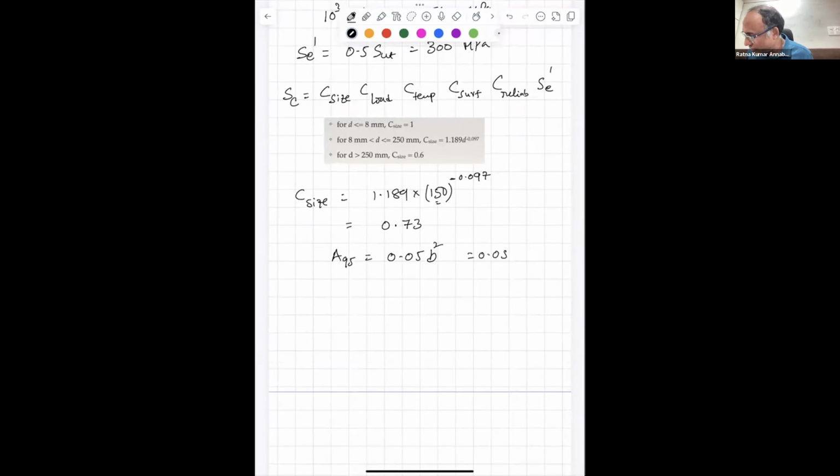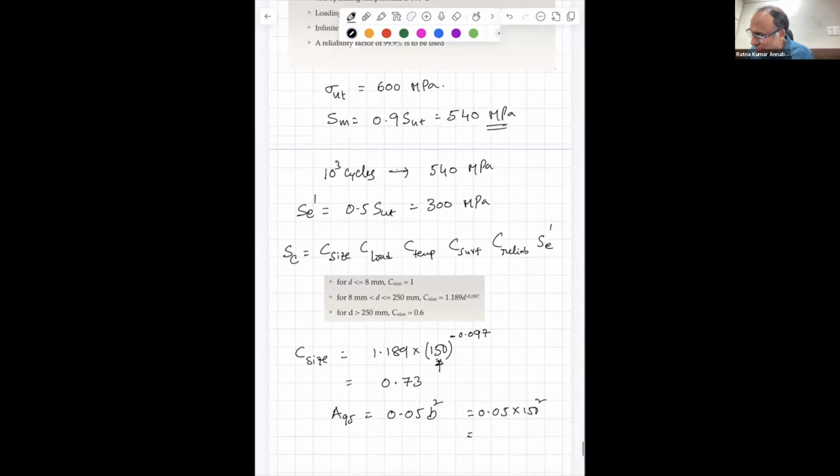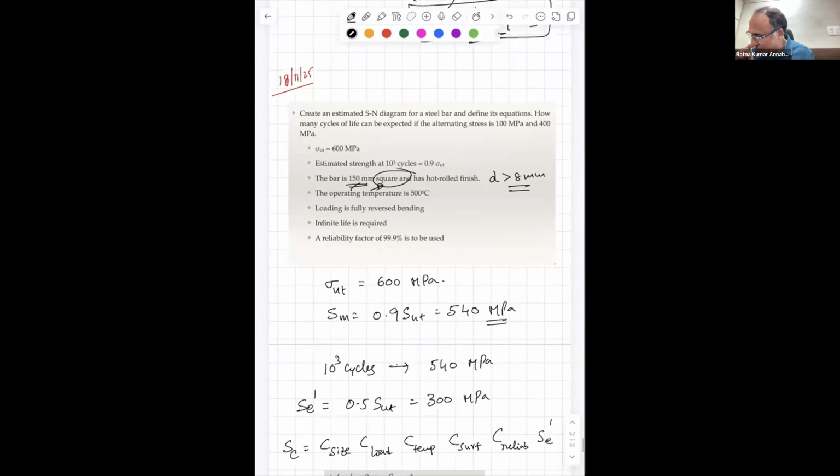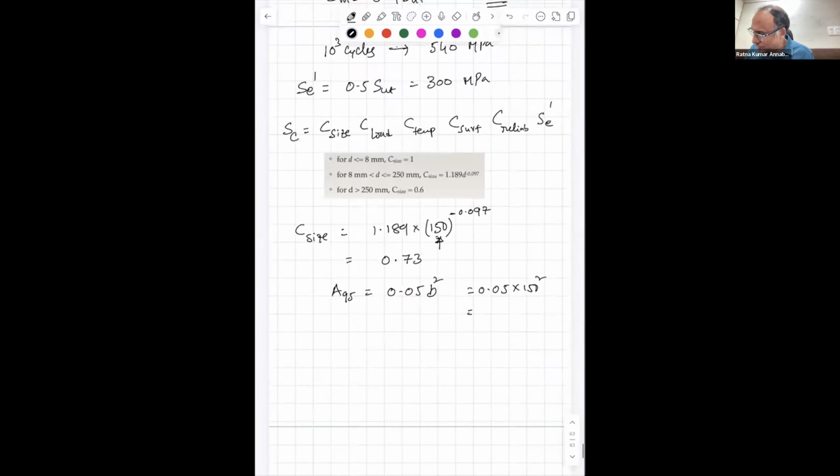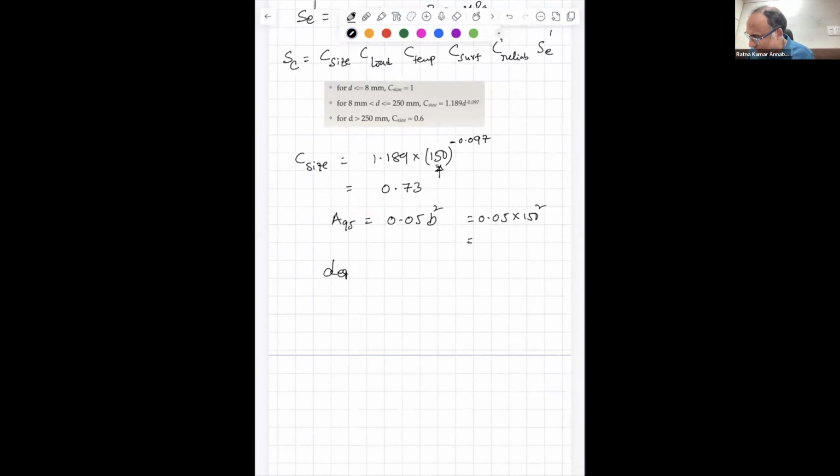That means 0.05 into 150 square. So I cannot use 150. 150 is the square size, but I have to use equivalent diameter. So I have to say D equivalent is equal to square root of A95 by 0.0766.